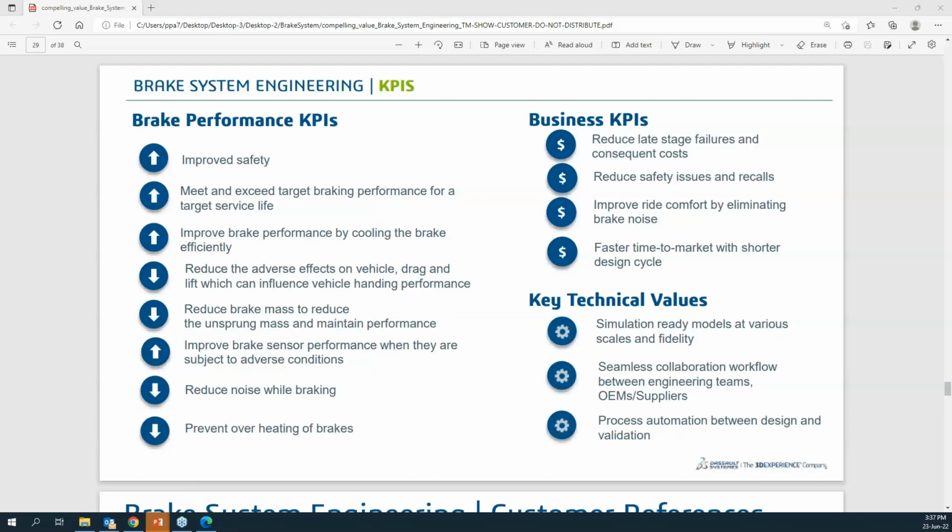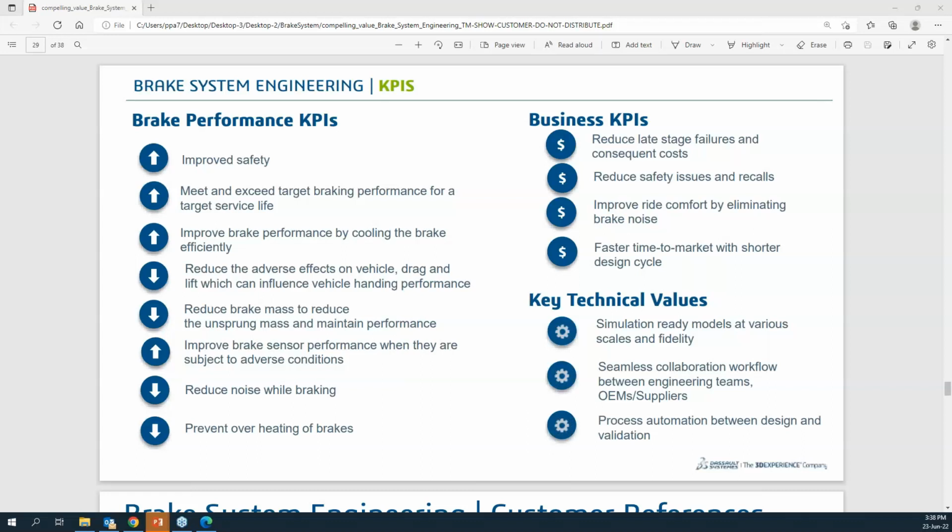So now if we look at the challenges or the KPIs, if we segregate them as brake performance KPIs and business KPIs, your business KPIs depend on your product performance KPIs.